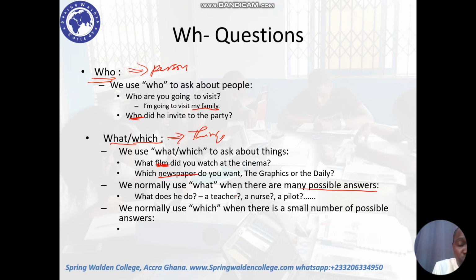What does he do? Is he a teacher, a nurse, a pilot, an engineer? But we use which when we have a limited number of possibilities. So which color do you like, black or white? Limited possibilities. Basically those are the question words and the questions that we use them to ask.